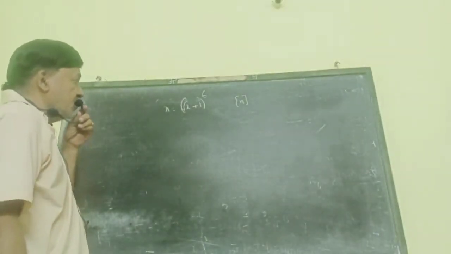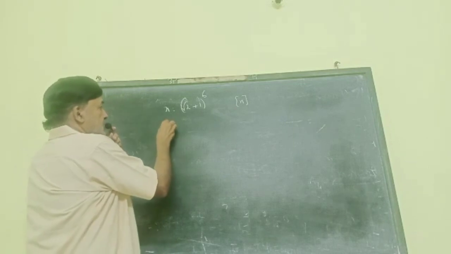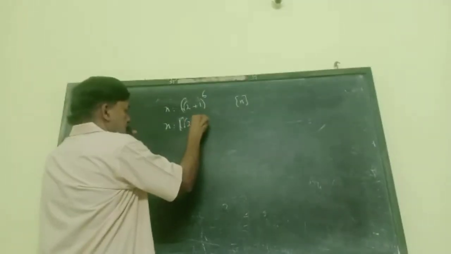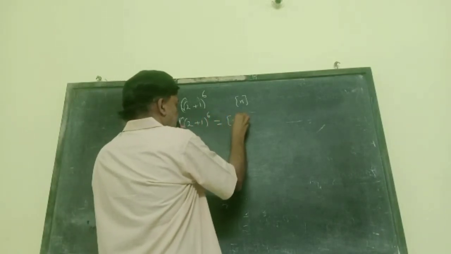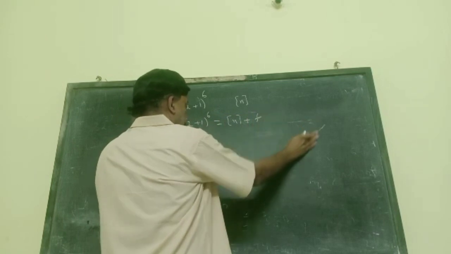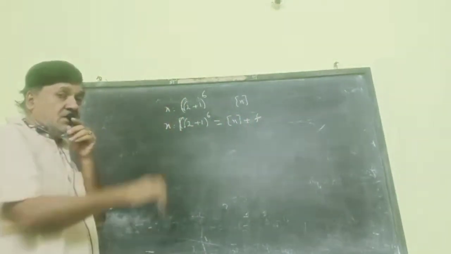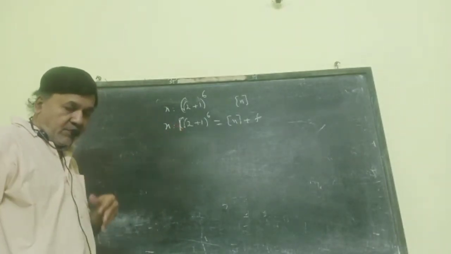What is the value of step x? X is equal to root 2 plus 1 whole power 6, which is step x plus fractional part of x. Integer part plus fractional part. Yesterday I taught such problems. I think in one of my classes I discussed already this type of model.